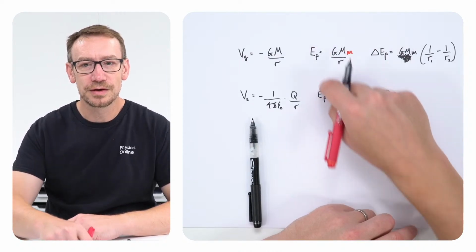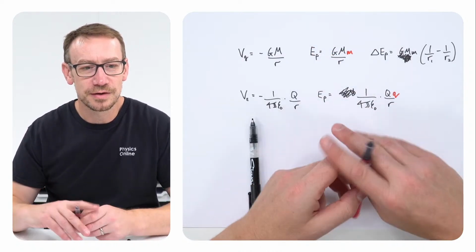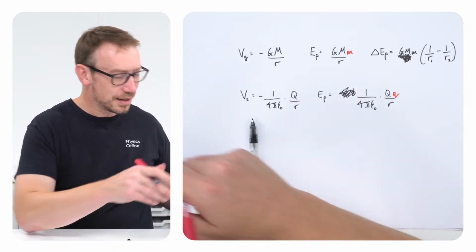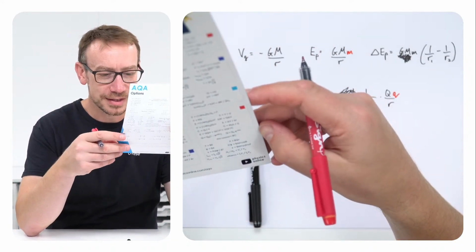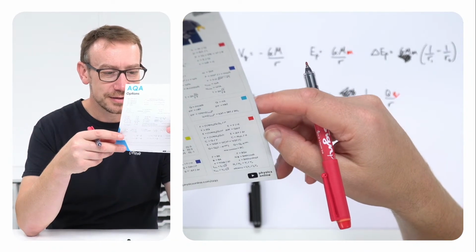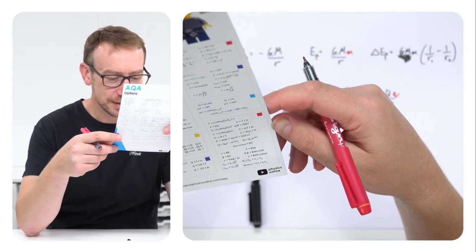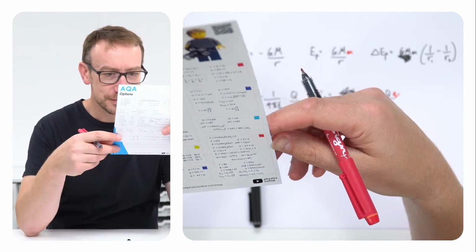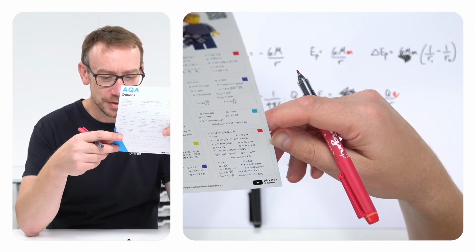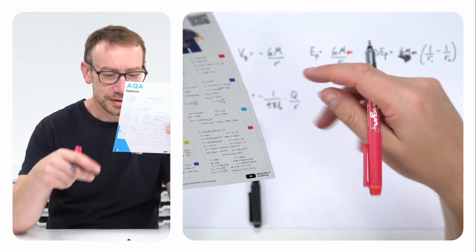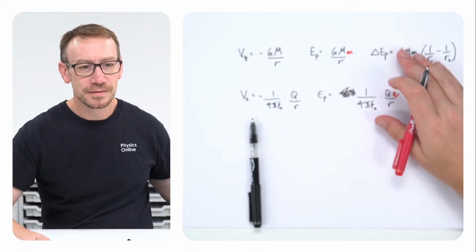That's how we look at the potential at those points. Let me just check one thing about that. They tend to give you most of the equations that you need. I think they pretty much give you everything you need to know about this kind of topic, don't they?